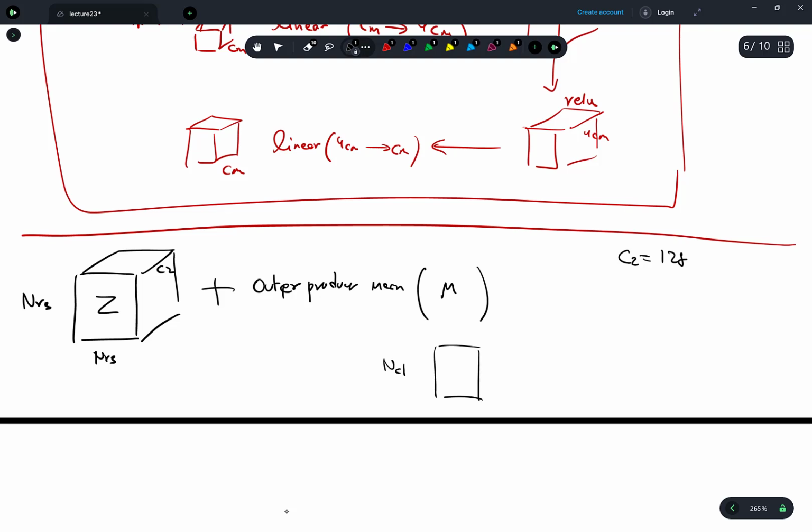If we want to combine it with Z, the dimensions do not match, right? That's nres by nres, and this is n clust by nres. So what I must do here is somehow take the nres dimension and create a pairwise, like nres by nres. So that's what I need to do now, and that's what they call outer product mean, okay?